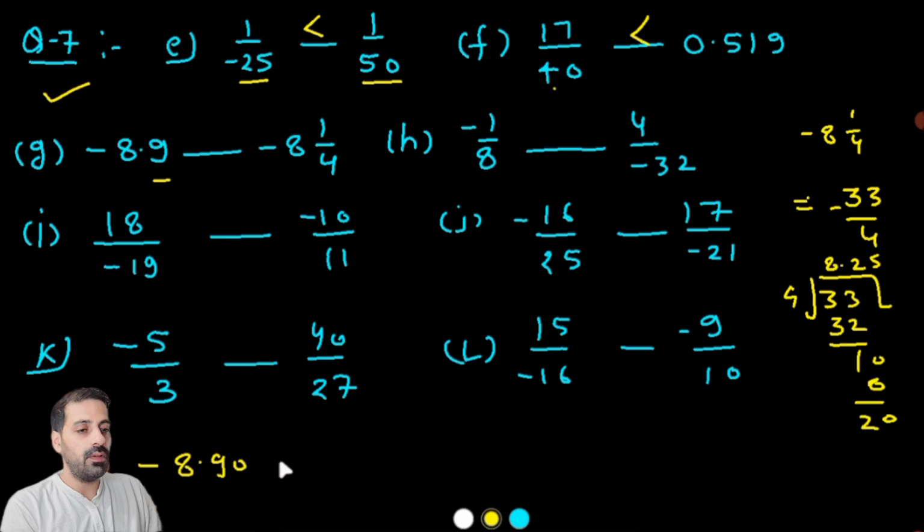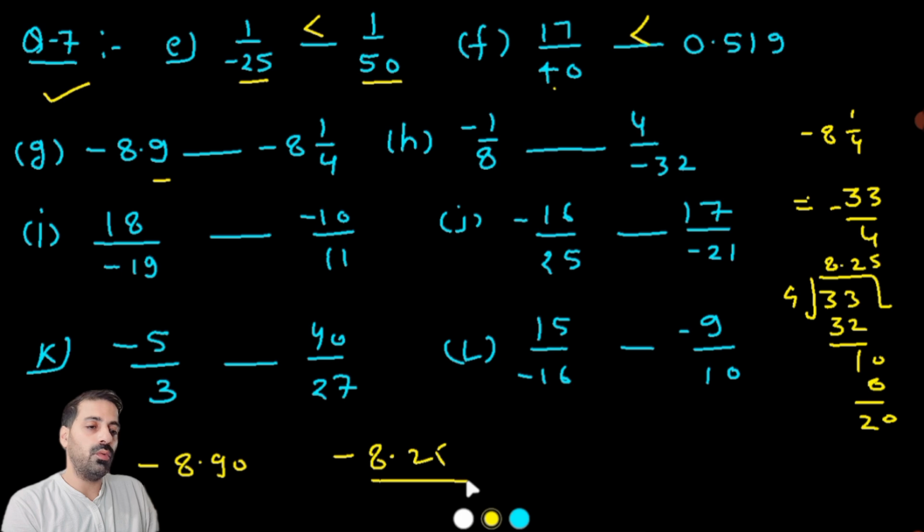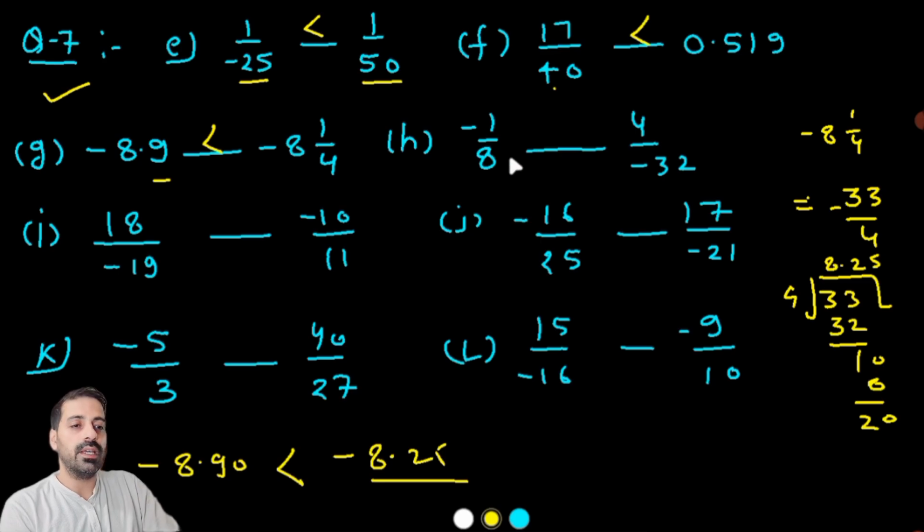So we have negative 8.25. But with a negative sign the smaller value is greater, so this value is greater here. Is it clear to you?